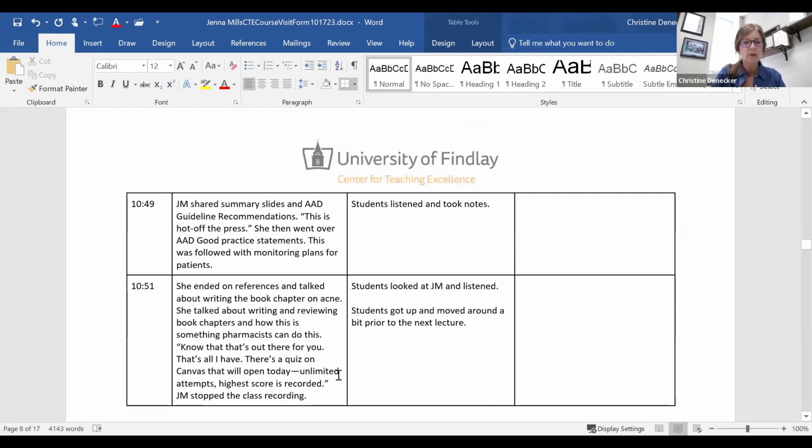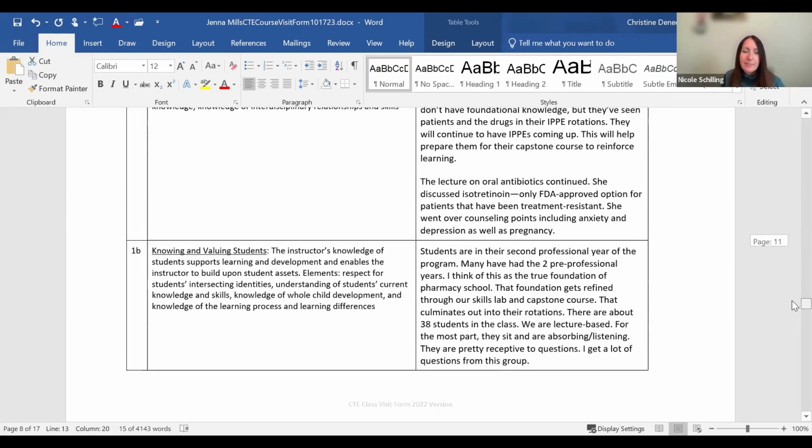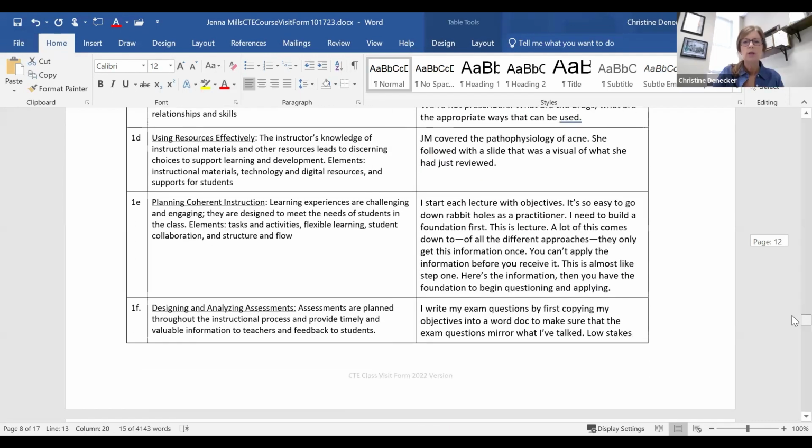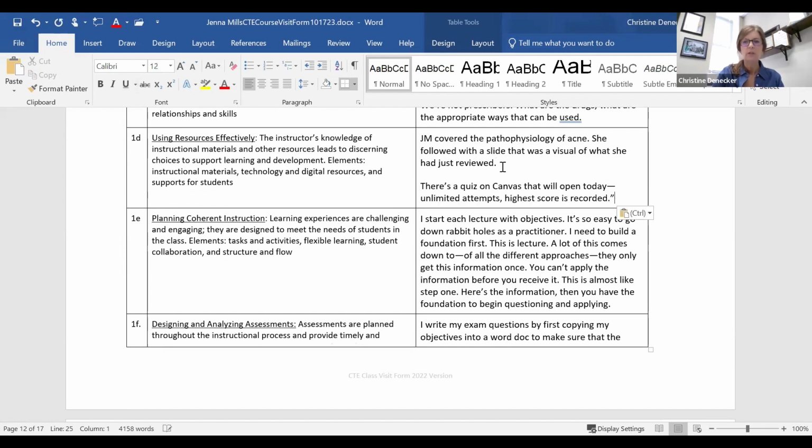She talks about a quiz on Canvas. I think that's using your instructional resources, right? Using your Canvas, your learning management system, to enhance and engage students in what they're doing. That could also fall under your formative assessment. That one could fall under multiple. Yeah, it could go in multiple places. It's a good piece of evidence.